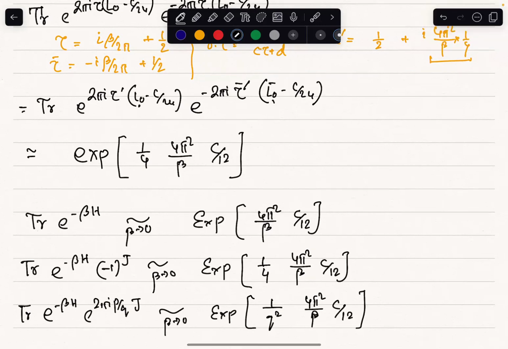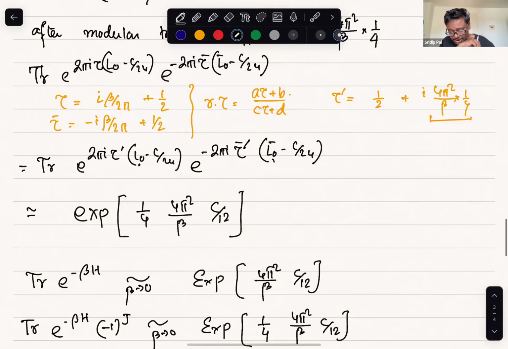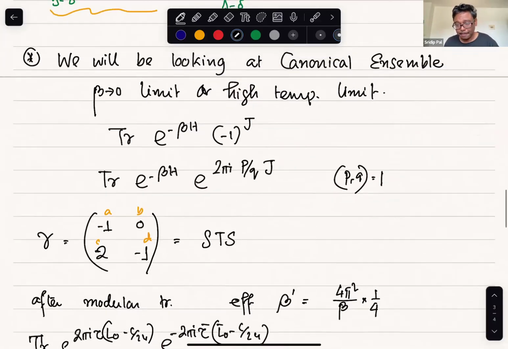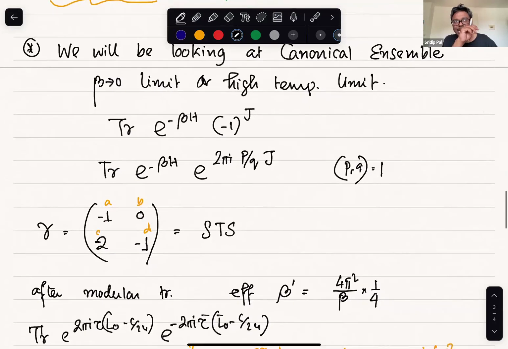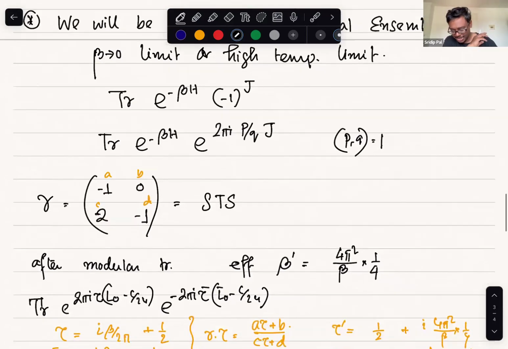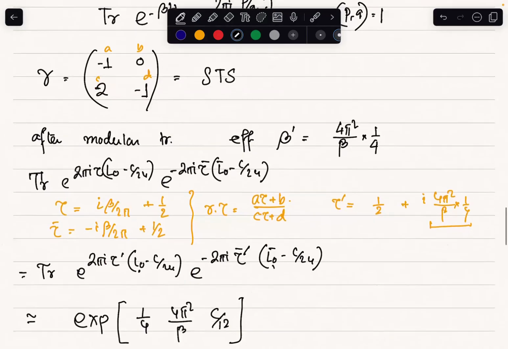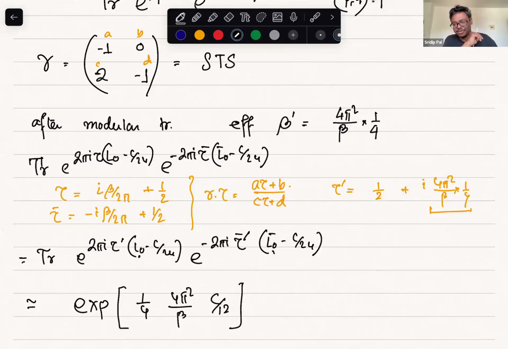Just a question, are there any constraints on the class of modular transformations allowed, or will any modular transformation do? So for a bosonic theory, you can do any γ which belongs to PSL(2,Z), assuming there is no anomaly, c_L equals c_R, which I assumed. And for fermionic theories, you need to be a bit more careful.